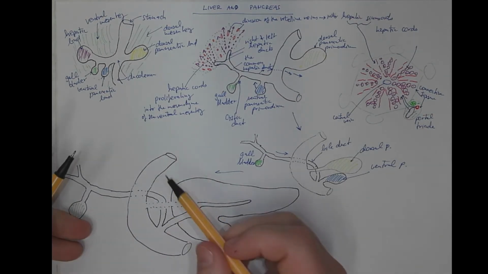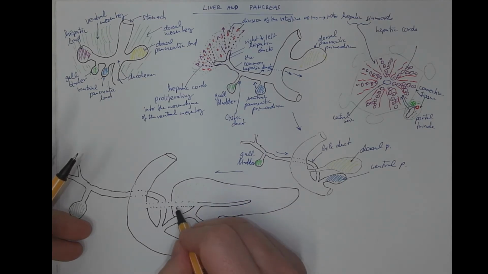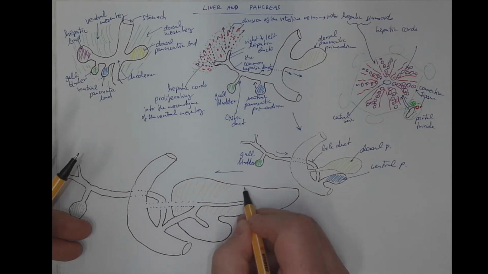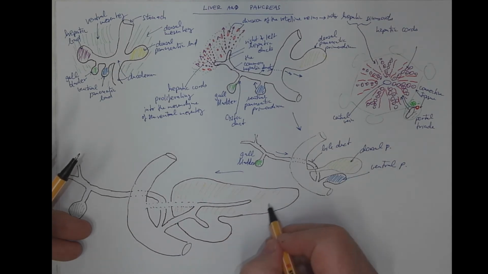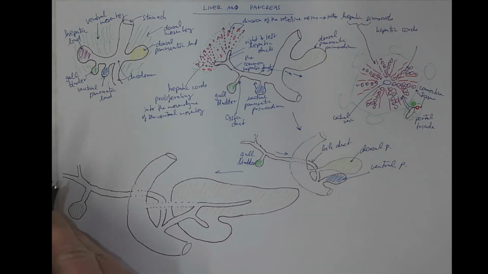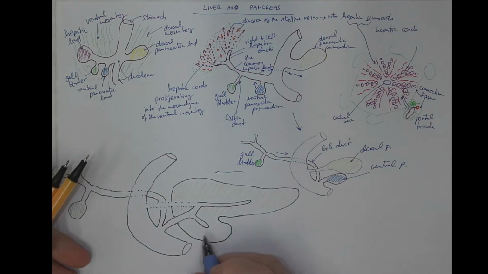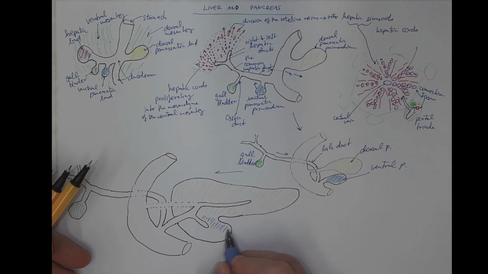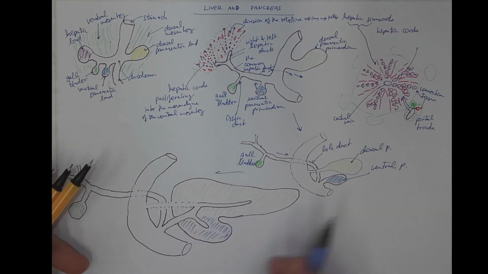The upper part of the head and the tail originating from the dorsal pancreas, and the uncinate process and the lower part of the head originating from the ventral pancreas.